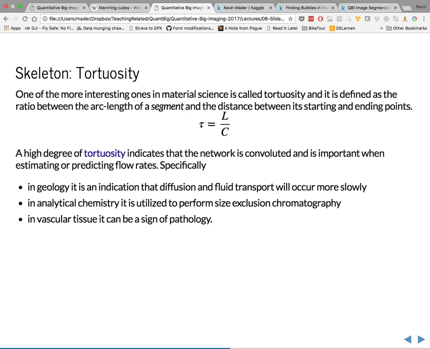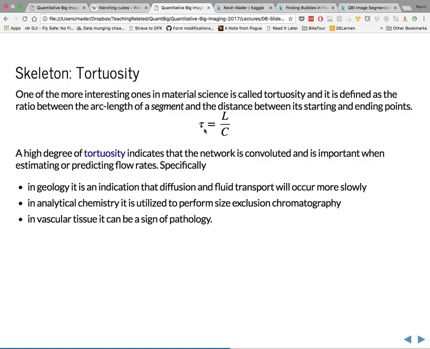So now one of the very interesting things, particularly for chemists, is to look at something called tortuosity. And so one of the basic ideas behind this parameter is that when you look at the arc length of a segment compared to the distance between its starting and ending points, this value, sort of tau, is that ratio.